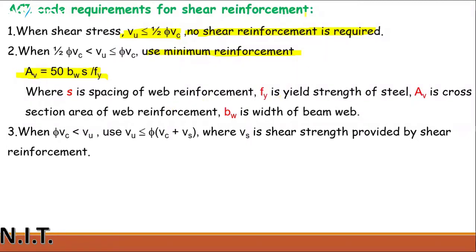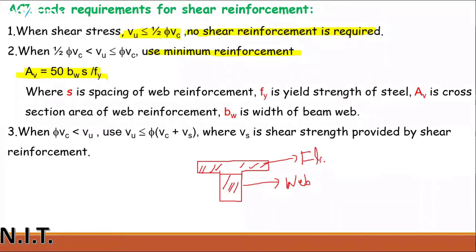What does web mean? Let me draw it with the help of the mouse. If this is a T-beam, this part is called the flange, and this part from here to the bottom is called the web.